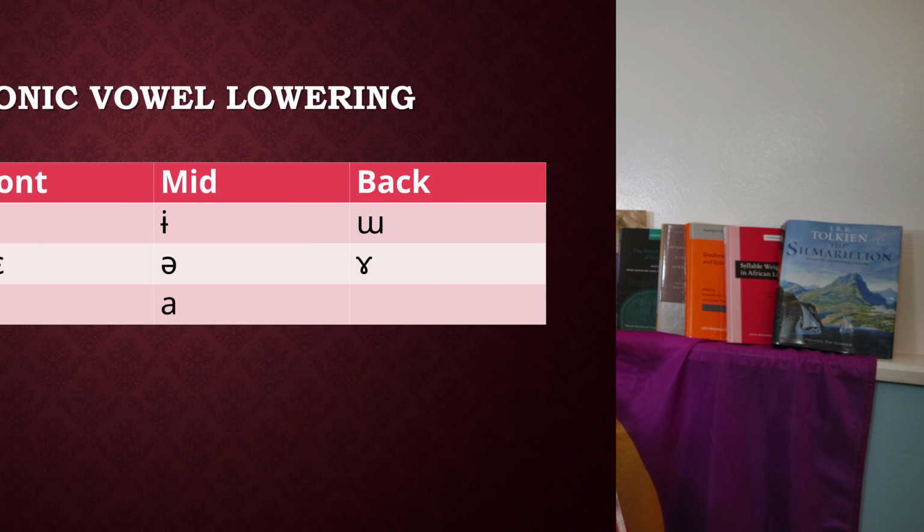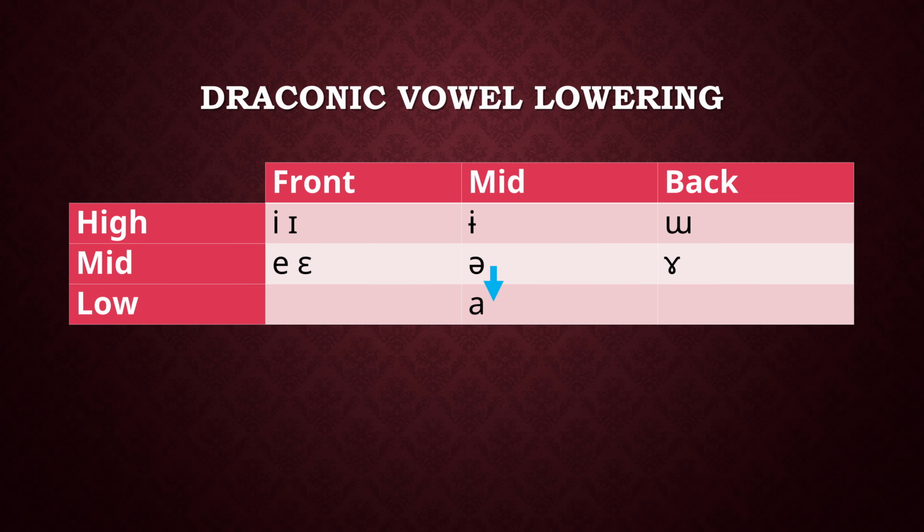This came from a change in Proto-Reptilian, where schwa lowered to a, merging with the existing a vowel, which was transparent, while the high central I shifted down to a to fill the vacant space of the schwa.